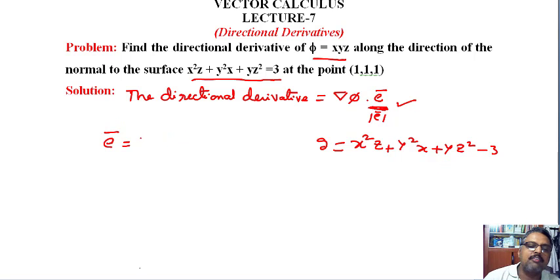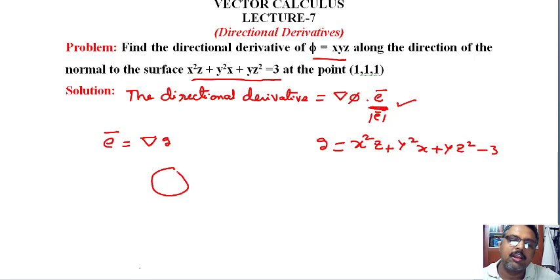Now, E bar is normal to this surface. Normal to this surface is del G. Now, find the directional derivative of the first surface phi at a particular point P in the direction of E bar.